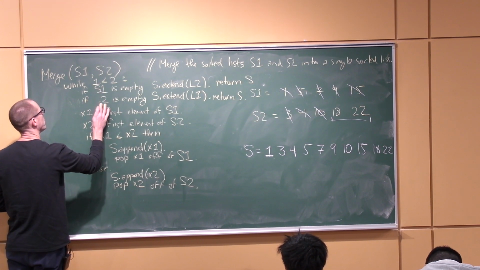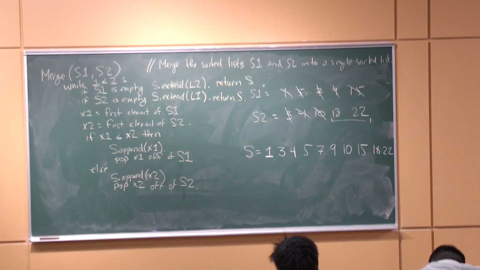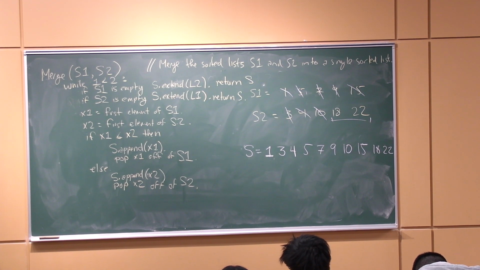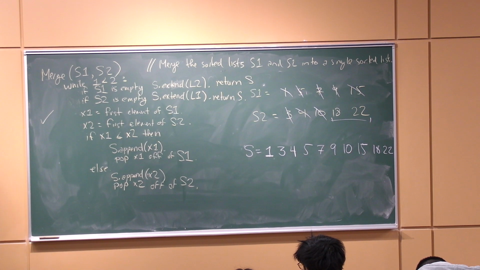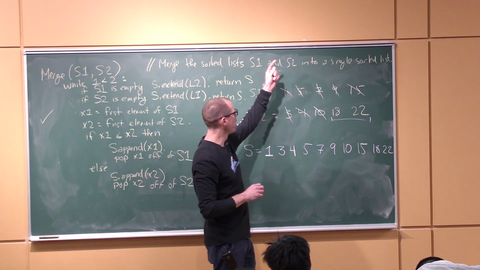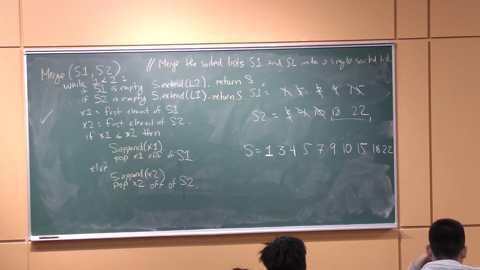If S1 is empty and S2 is empty. In this function, there is no L1 and L2. Okay. So that's clear. All right. So hopefully we believe, let's say by inspection, that this thing really does, if you give it sorted lists S1 and S2, merge them into a single sorted list.